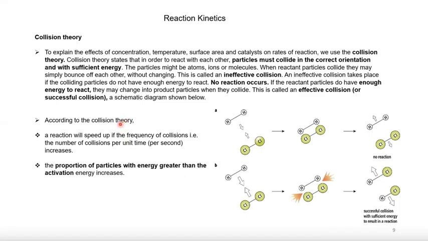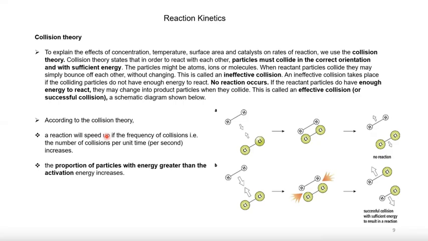According to collision theory, a reaction will speed up if the frequency of collisions, that means the number of collisions per unit time, and usually the unit time we take is per second, increases.